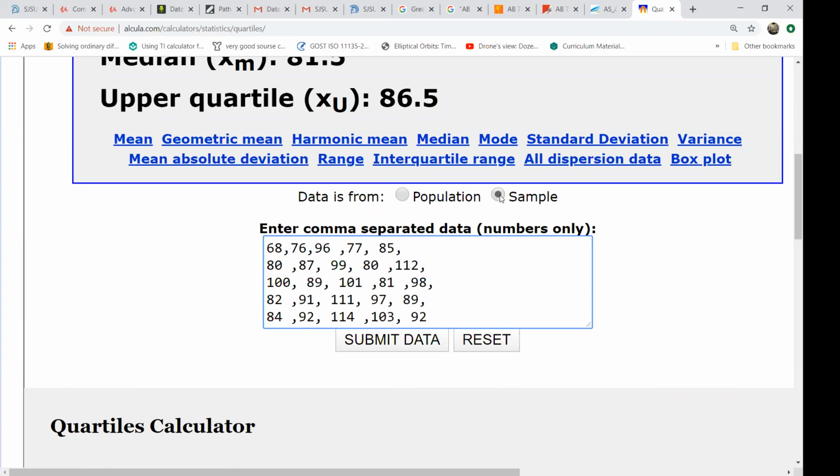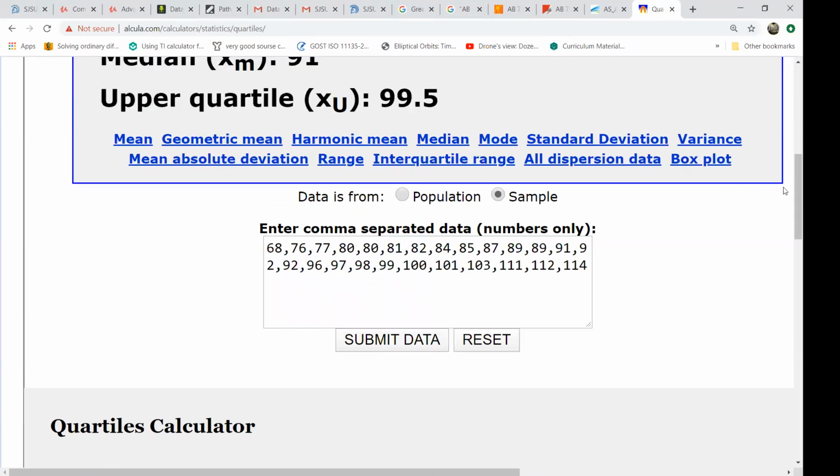So we're done with these numbers, and as I mentioned, it's just a sample. Submit the data.